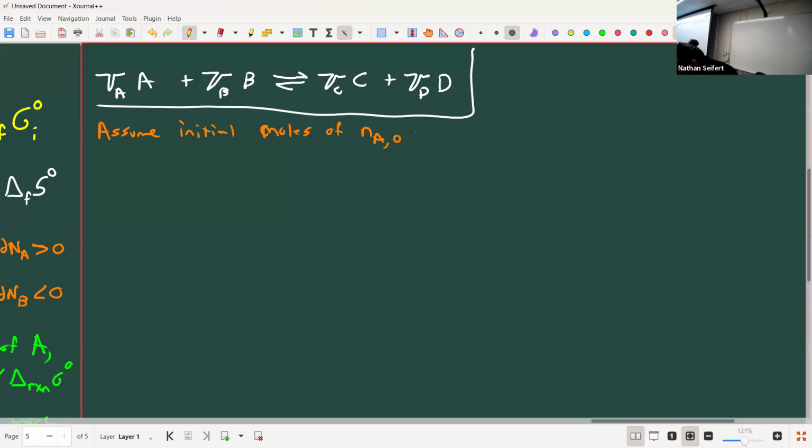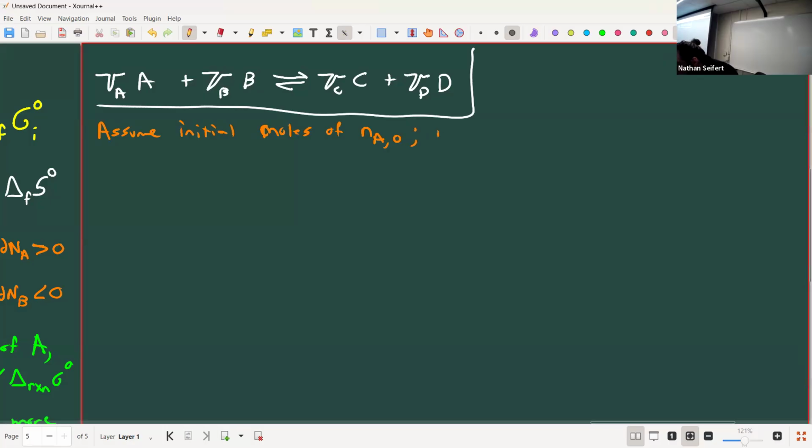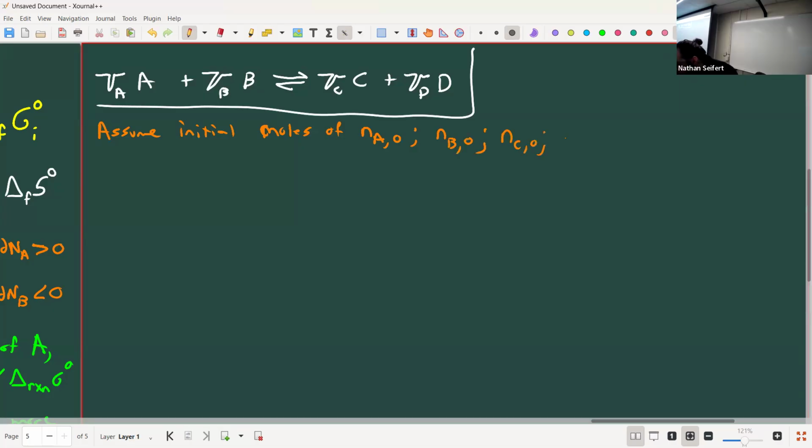So that's the number of moles of A at the 0th point, N_B,0, N_C,0, N_D,0. Okay, so those are our initial moles of each of the materials. I don't know what they are. They could be 0. They could be some giant number. It doesn't matter.